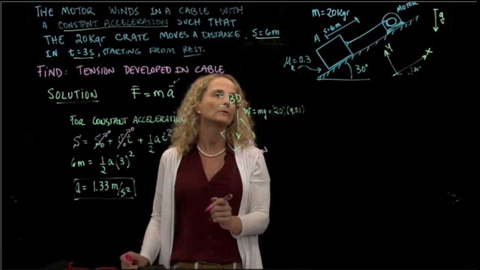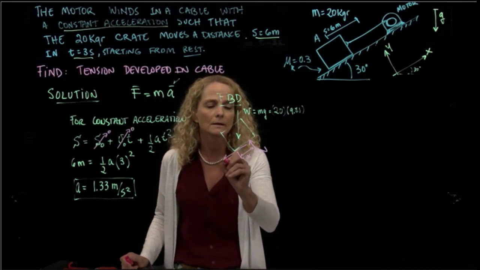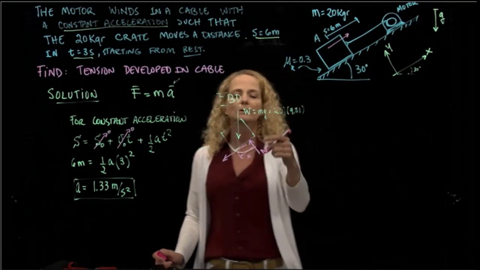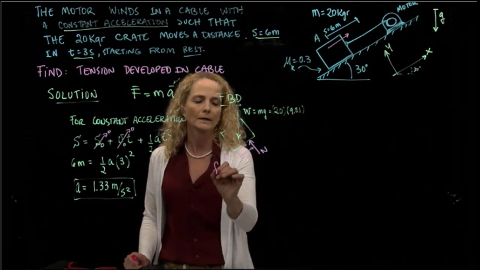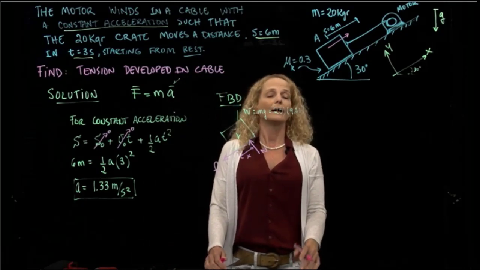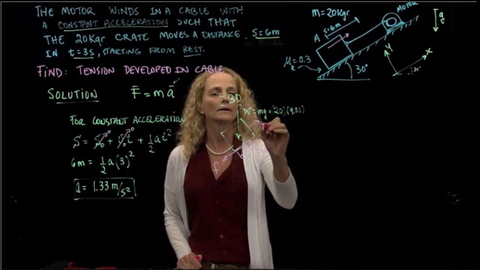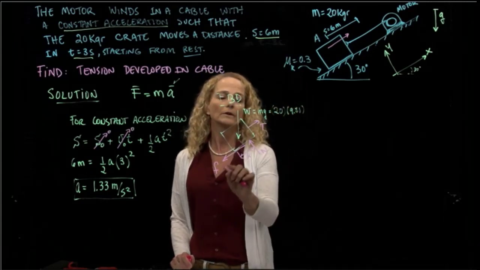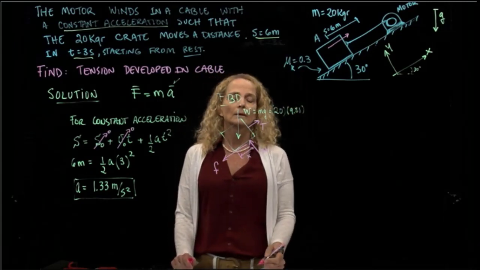My friction force will always be in the opposite direction of the motion. So I'm moving in that direction, so my friction force will be in the other direction. Besides that, I have the tension that I want to find. So I actually have several unknowns: my friction, normal, and tension.